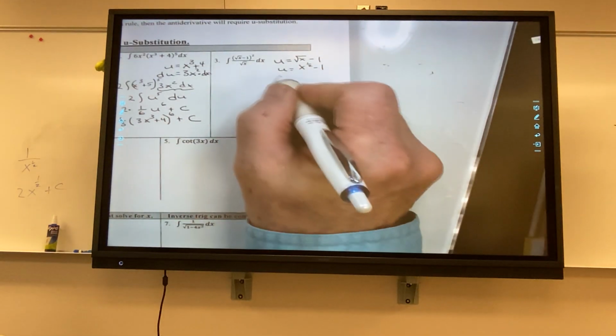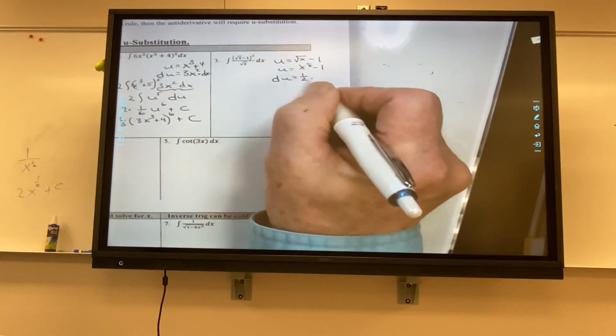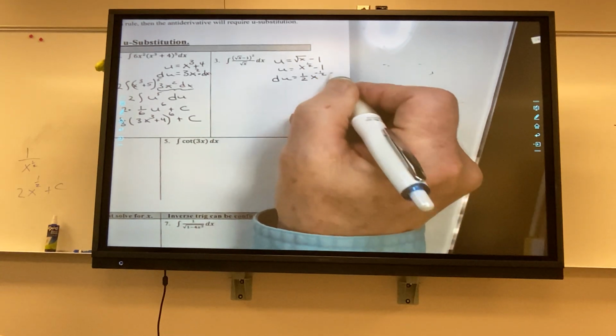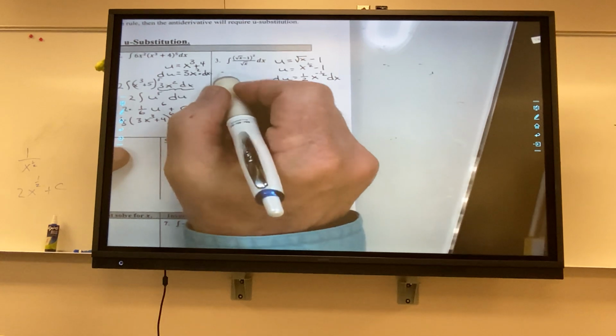So I'm going to take this derivative, du is going to be 1/2 x to the minus 1/2 dx, correct? So let me write what I have here.